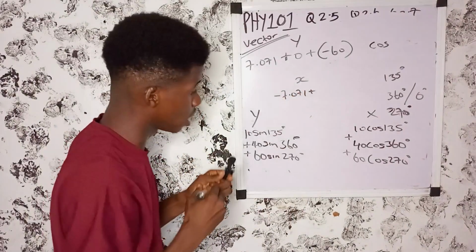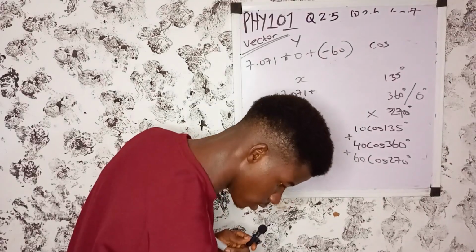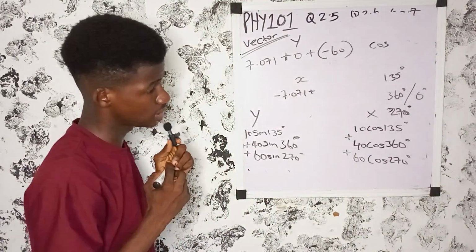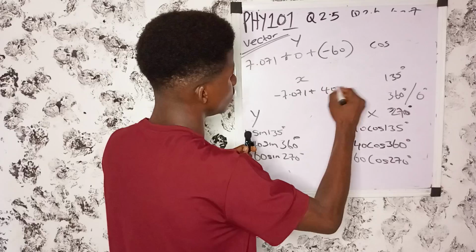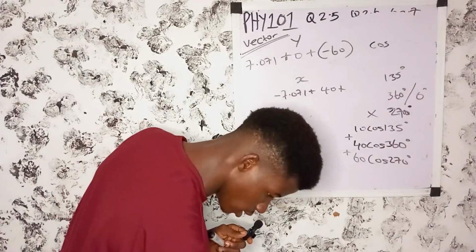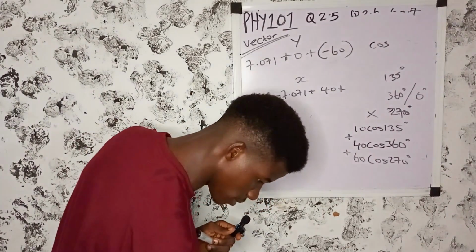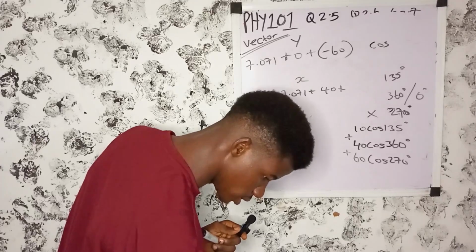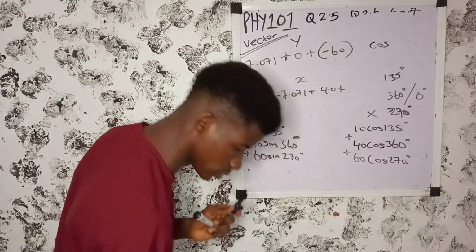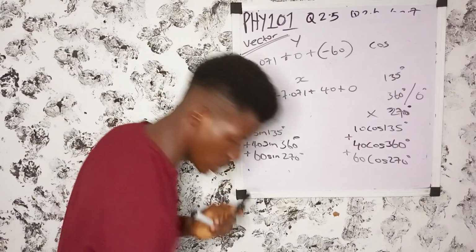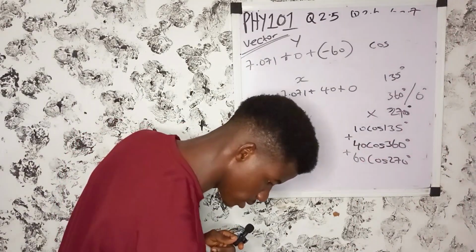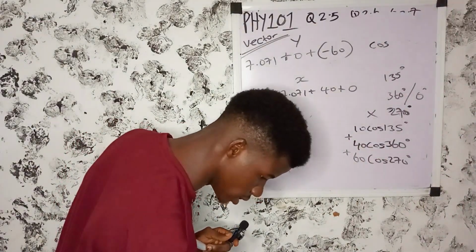Then plus 40 cos 360, which gives us 40. Then plus 60 cos 270, which gives us 0.